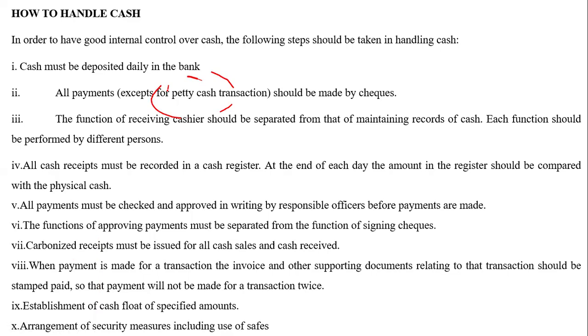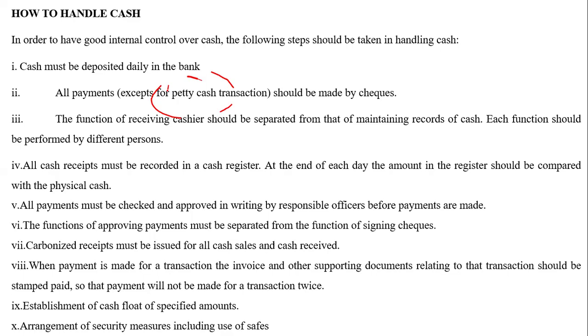Then, all cash receipts must be recorded in the cash register. Organizations don't just spend money or collect money without keeping a record. There must be records of transactions, including petty cash and other cash transactions.